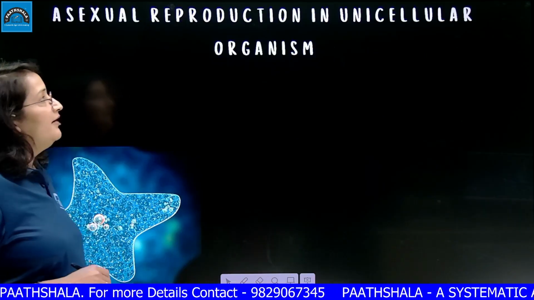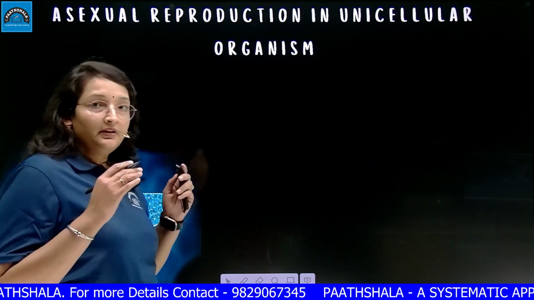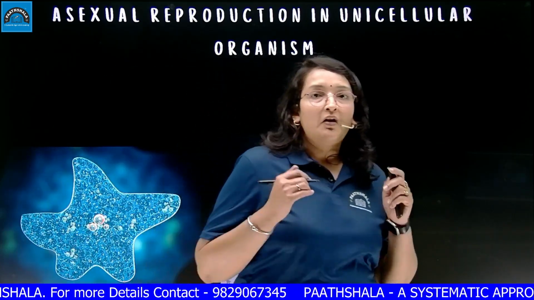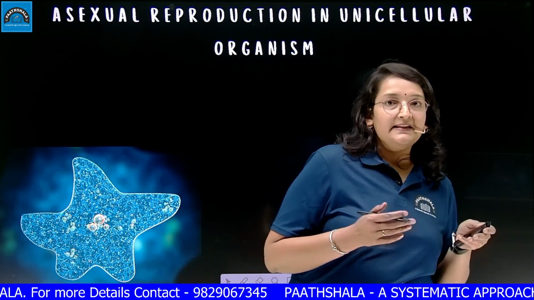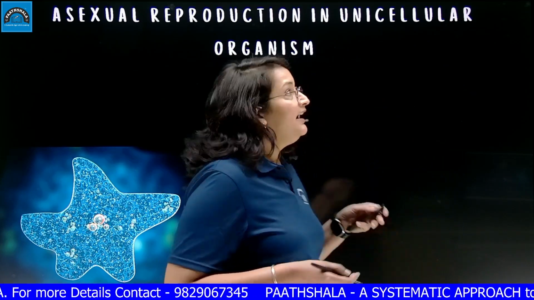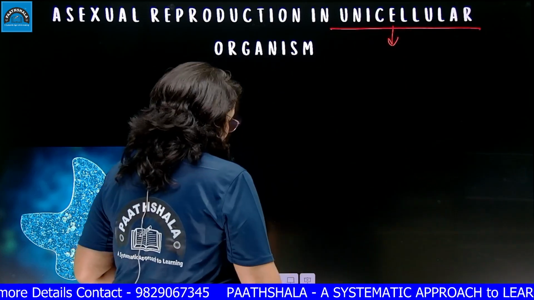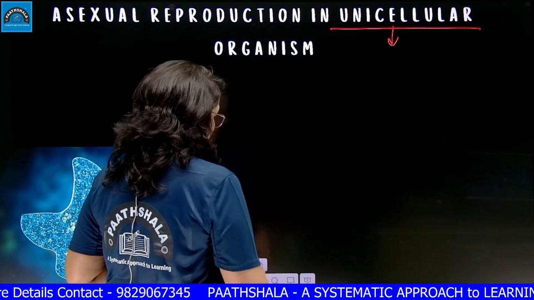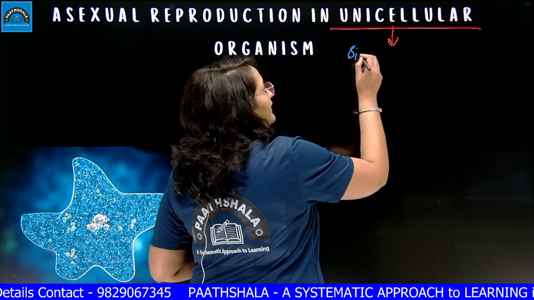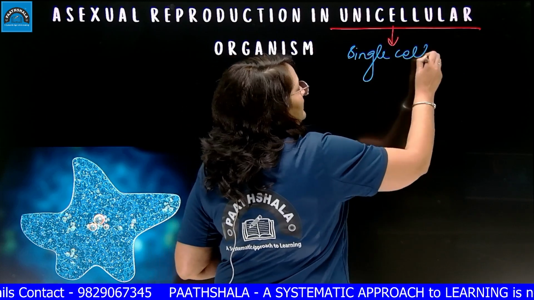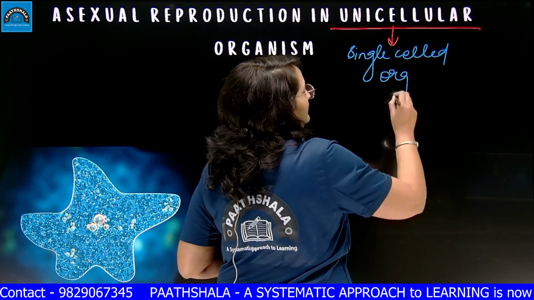Now, when we are talking about the modes of reproduction, we will always start from the basic, that is the asexual mode of reproduction, and that too in unicellular organisms. We will start from very basic, very simple organisms, unicellular, single-celled organisms.